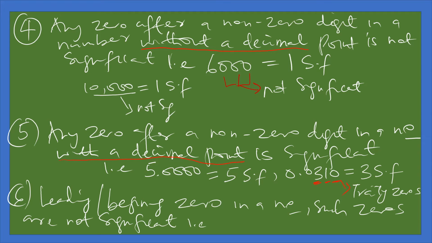If you have 0.00362, these zeros you have here, this 0.00, are not significant. That's why it says leading or beginning zeros in a number. Whenever you have leading or beginning zeros in a number, such zeros are not significant. So in this case, we have 3 significant figures.